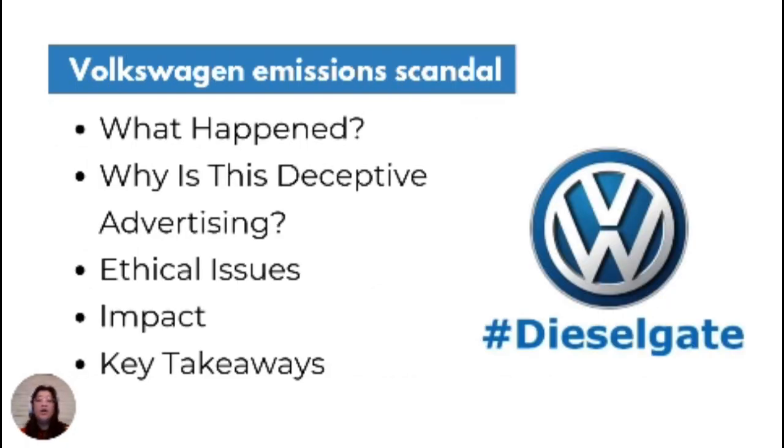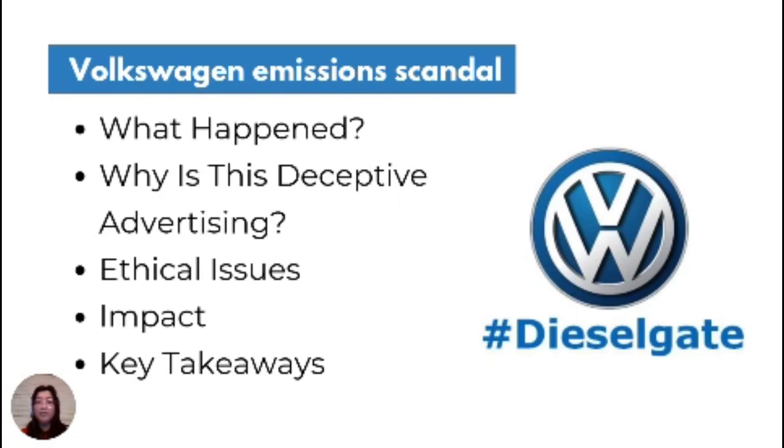An example of a deceptive advertising issue is the Volkswagen emission scandal, also known as Dieselgate. Volkswagen marketed their diesel vehicles as clean diesel cars, promoting them as environmentally friendly and low in emissions.